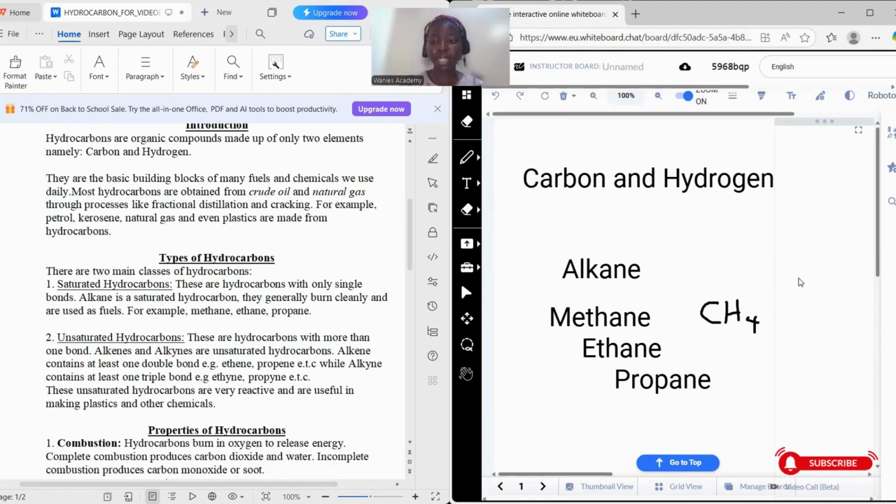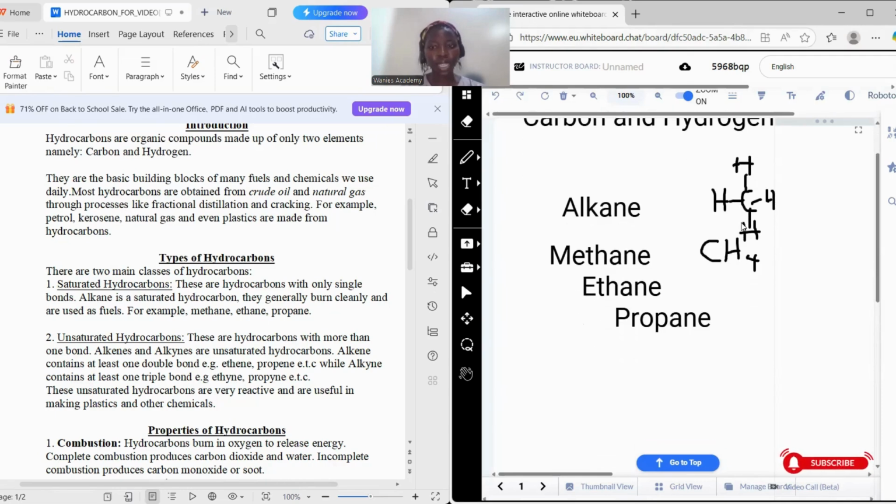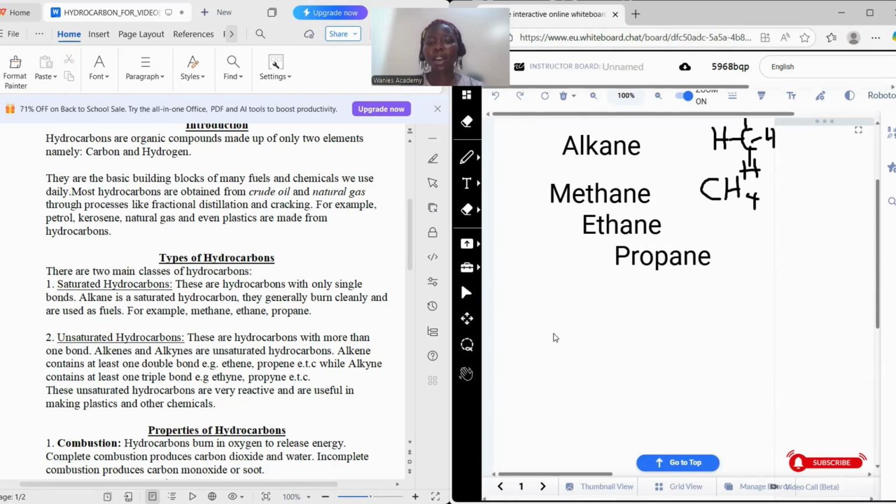And if you are to display this, you have C and H. So this is an example of a saturated hydrocarbon. Each of them has a single bond. This is methane. Let's write that of ethane.